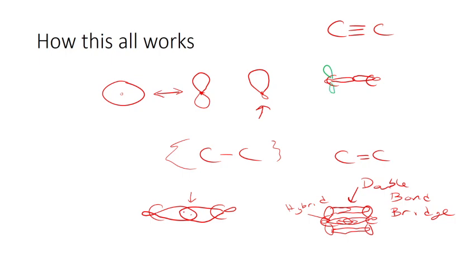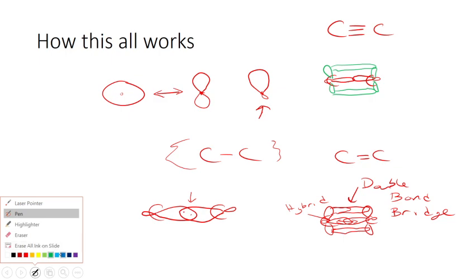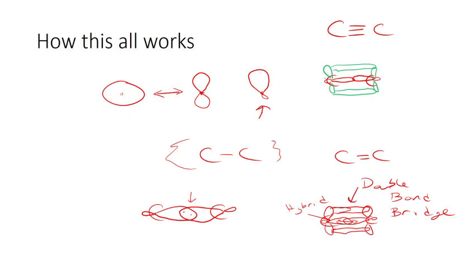And we've got our p orbitals that are above and below that have this interaction here. But then for the triple bond, we actually have another p orbital that's unhybridized, and it makes these interactions next to the carbons.